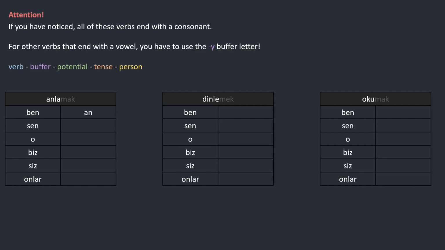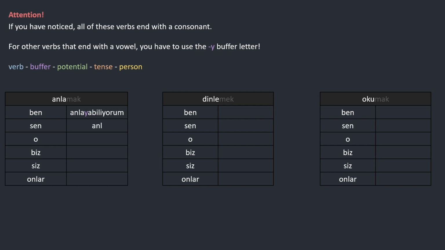So let's do this. I will fill in this table myself. So anla is the root. And now I need to say abil, like abiliyorum. But as you can see, there's these all together. It looks weird, it sounds weird. So that's why we are adding the Y buffer. Anlayabiliyorum.